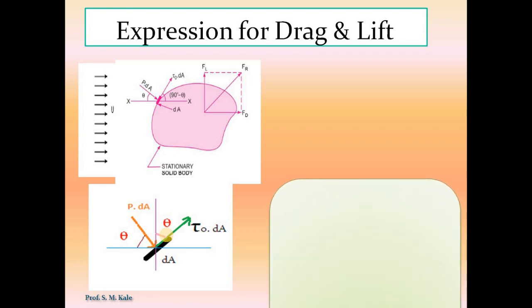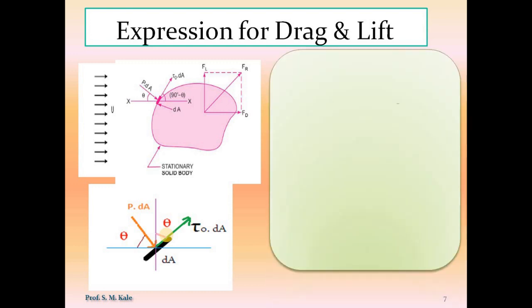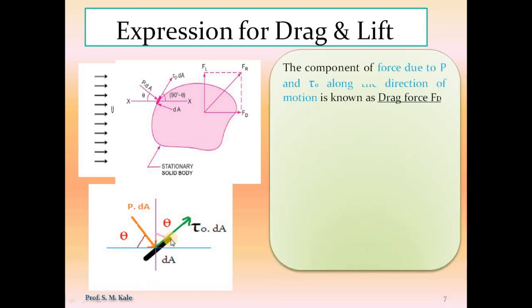Now if I want to calculate the drag force acting on that small elementary area dA, then I need to consider the force due to pressure and force due to shear stress in the direction of motion. Here PdA is making an angle theta with the horizontal.